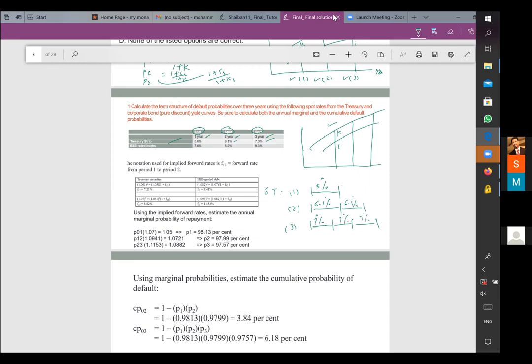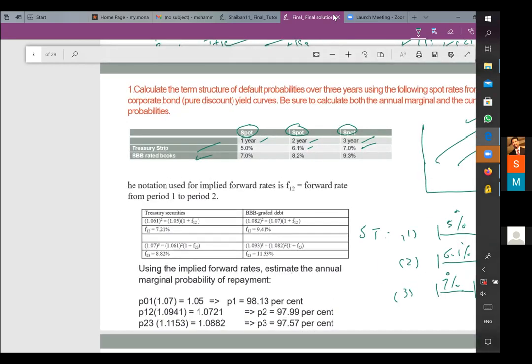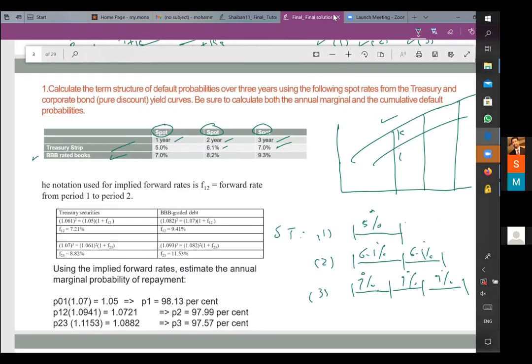Now you can repeat this for the triple B, which is the corporate rate. This is the treasury, which is the risk-free rate.